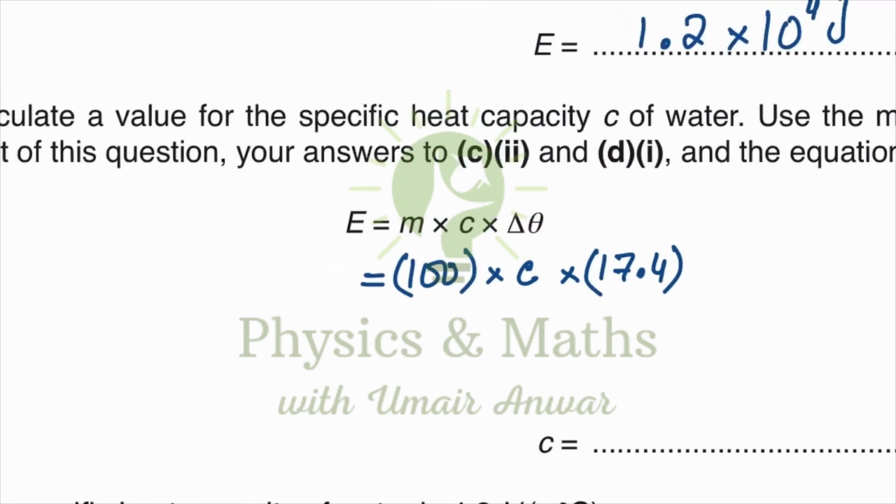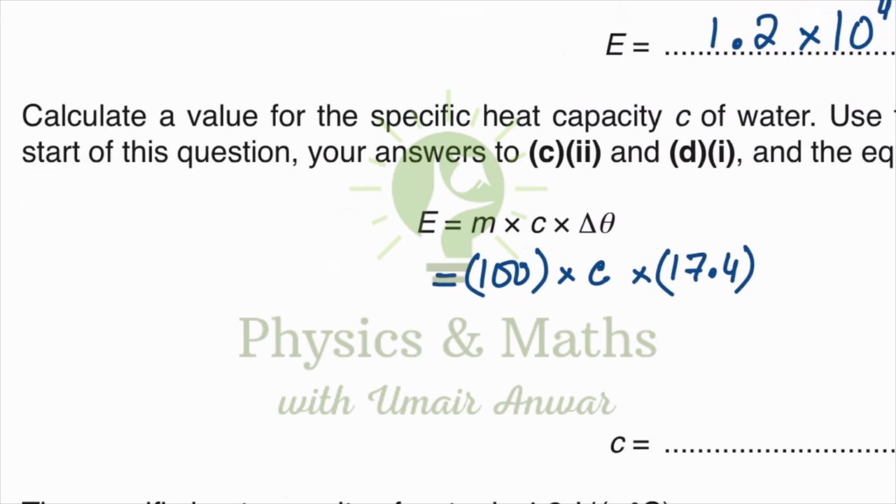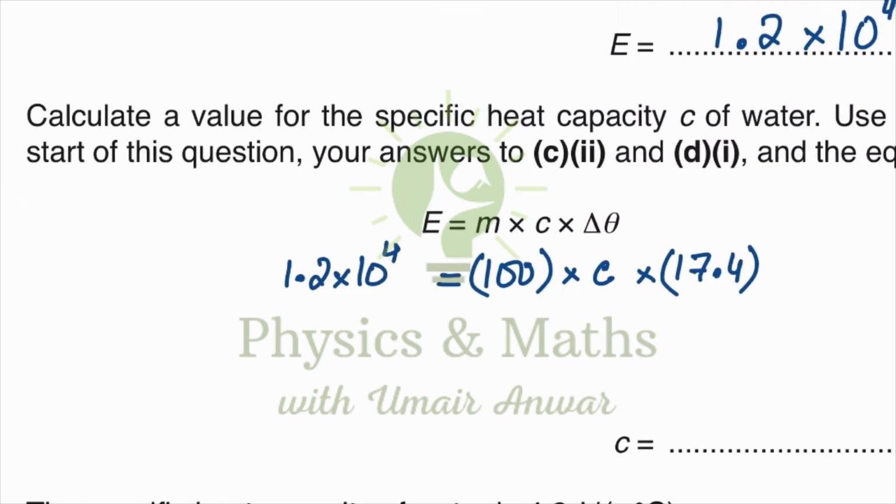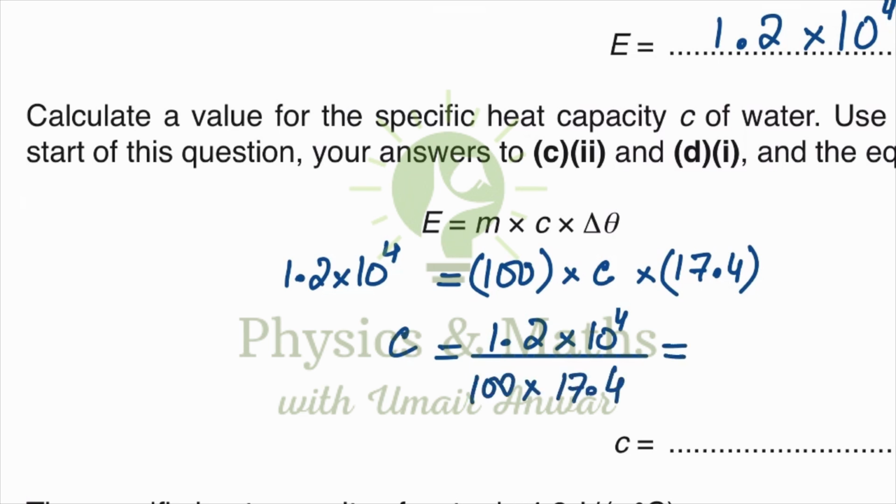The value of energy that we got was 1.2 × 10^4 joules. So the value of C would be 1.2 × 10^4 divided by 100 × 17.4.